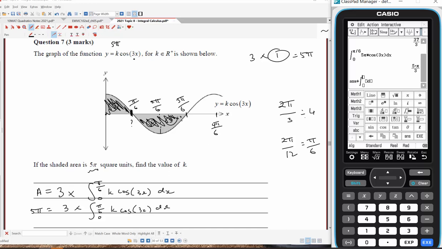I'll go from the smaller terminal, 0, pi on 6, up to the upper terminal, 3 pi on 6, or pi on 2, for 5 pi times cosine 3x dx, and the answer to this just has to be 5 pi. So you can see what I've done is the integral in 2 parts, this part here, negated the result, and then added this part to it.